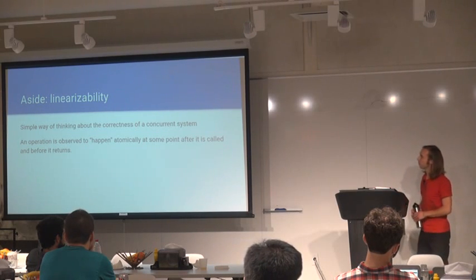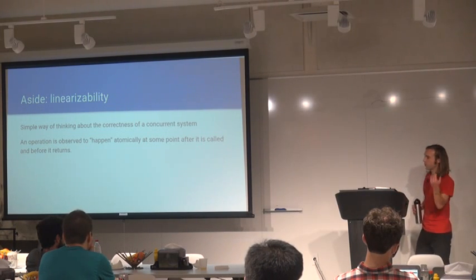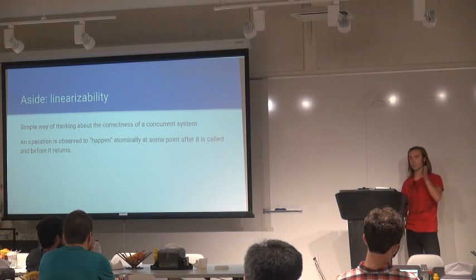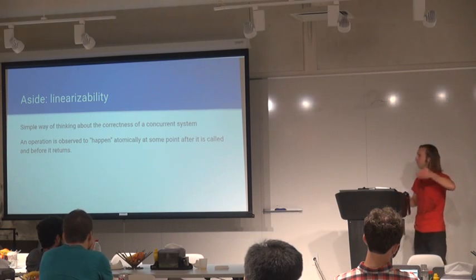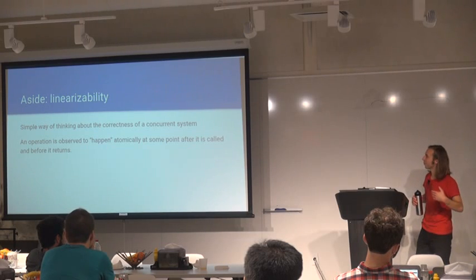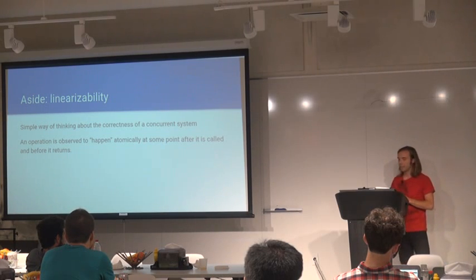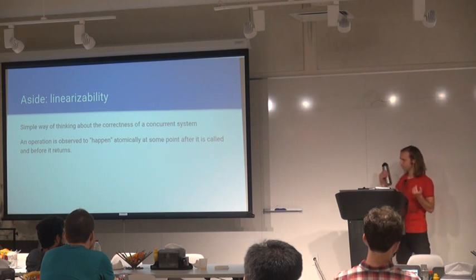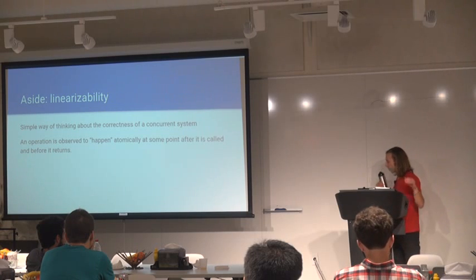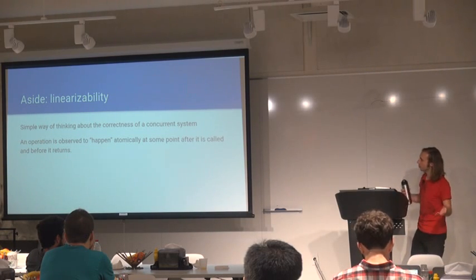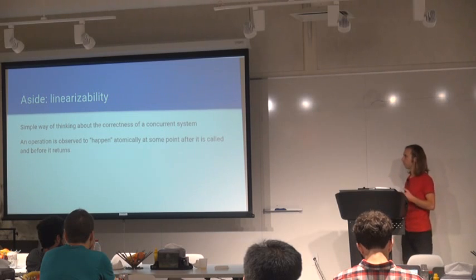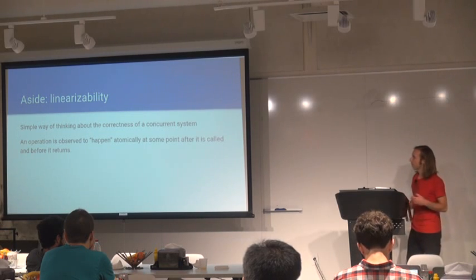If it's a queue, we observe the ordering of the writes by the pops of the items off of that FIFO queue. So it's a really good way of decoupling the implementation of your concurrent data structure or whatever from the semantics of it.